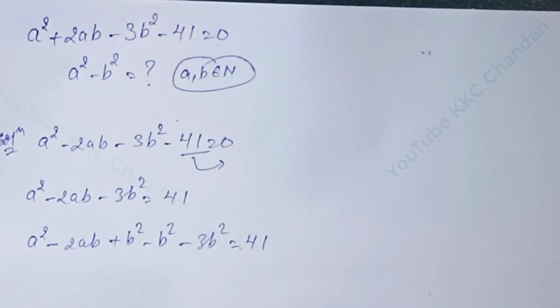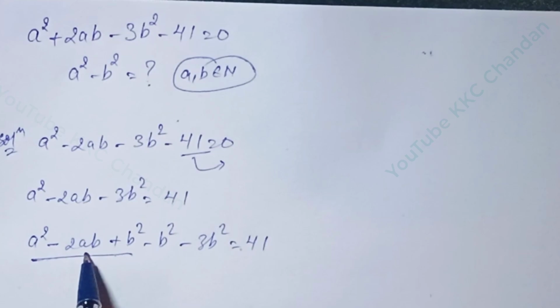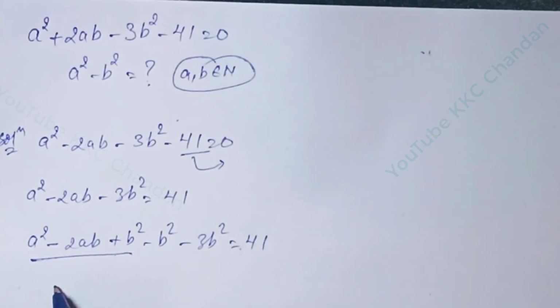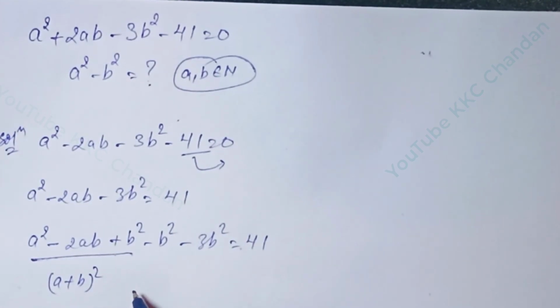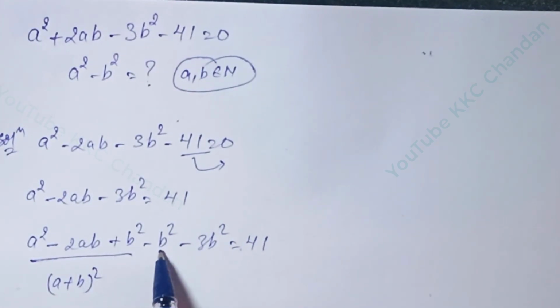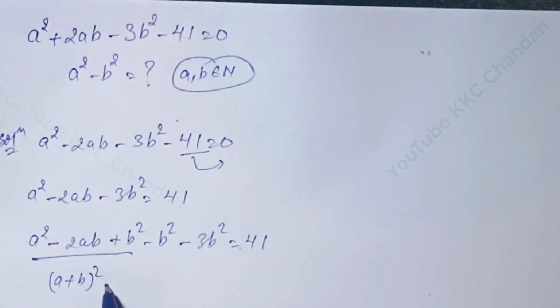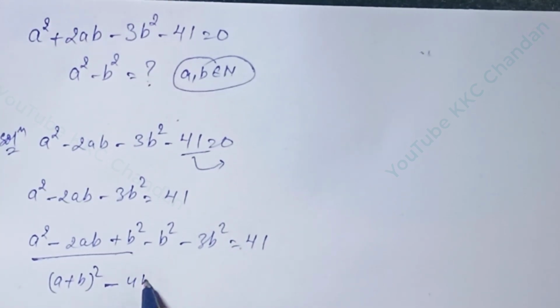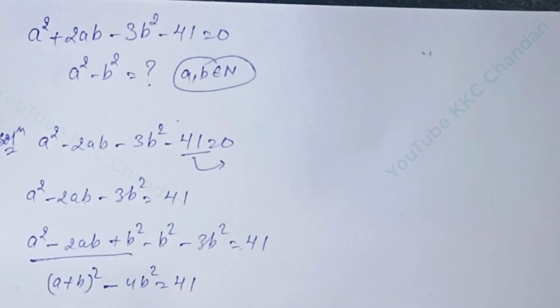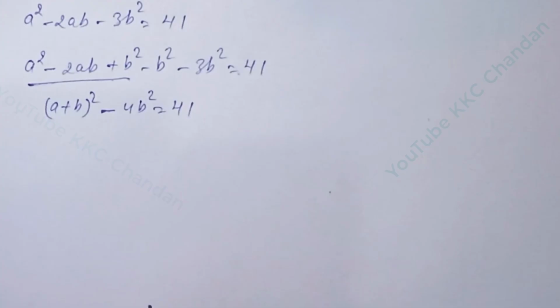So after the next step, only this side. See here, a square minus 2ab plus b square, this is in the form of a minus b whole square form. After the next step, left it minus b square minus 3b square, means that minus 4b square is equal to 41.